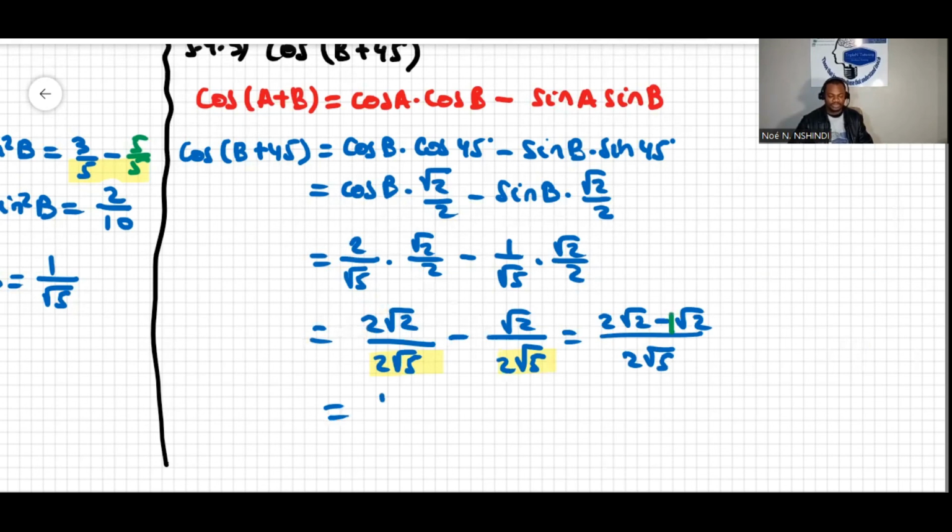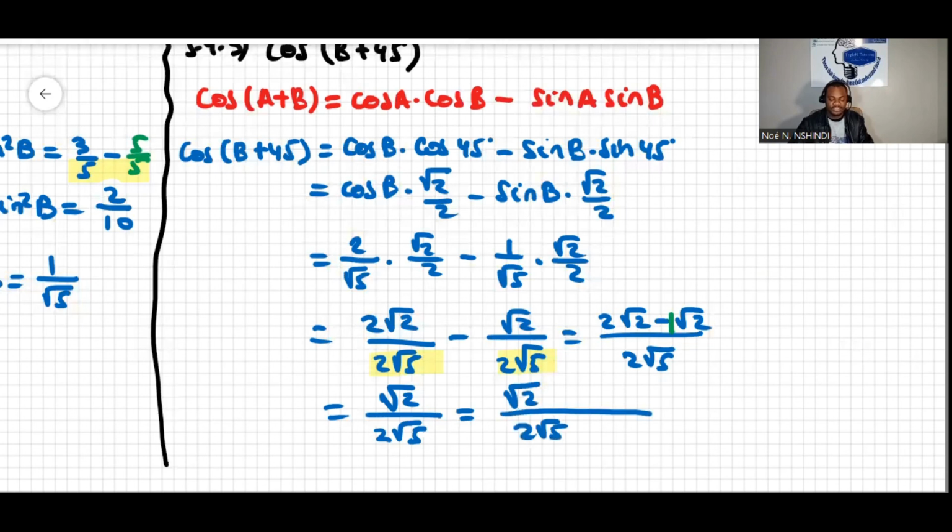So root 2 over 2 root 5. So this is the answer. The answer may look different, but it's still the same thing if we rationalize it. It's going to be root 2 all over 2 root 5.